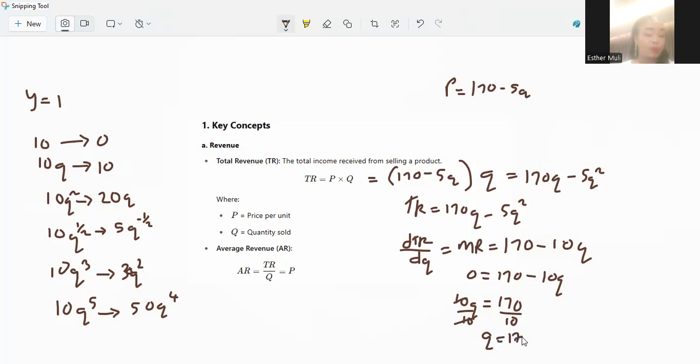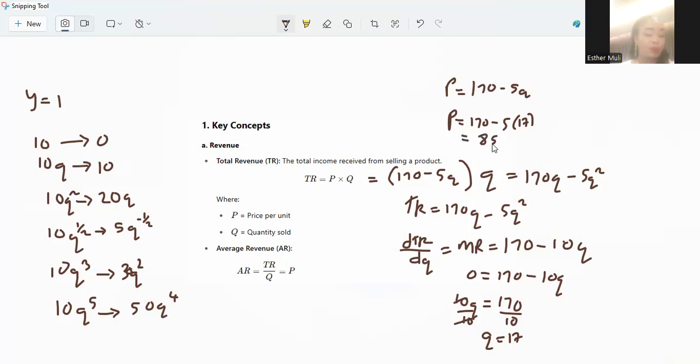This is the output that maximizes our revenue. Then you substitute this in the original price to find the price that maximizes revenue. When we put our 17 there, we get a price of 85.